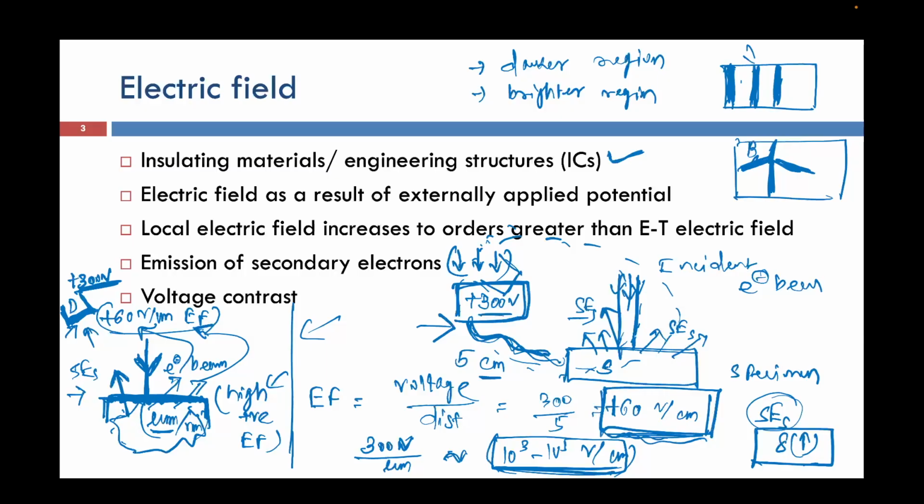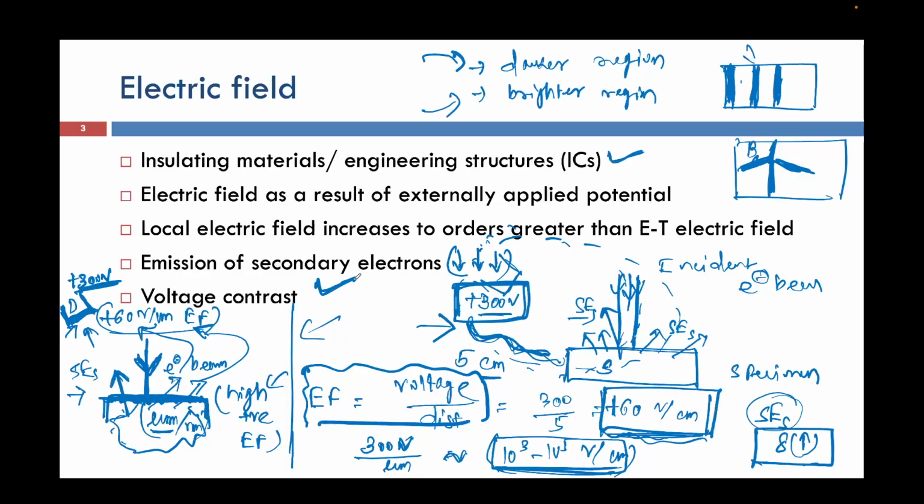That is why, since the main factor which is creating this darker region or brighter region is voltage, because due to this voltage only we are getting the electric field here, this type of contrast is also known as voltage contrast, okay?